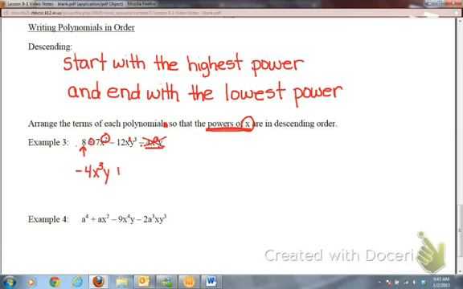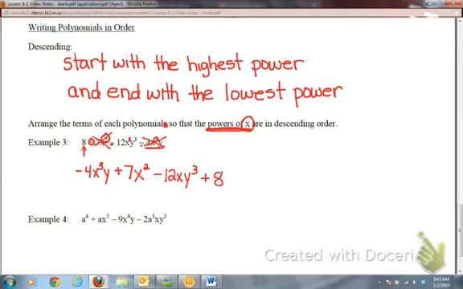So you put plus 7x squared. That one's done. You could cross it out if you want. Then the next highest is the 12xy to the third, but it has a minus sign in front of it. So you put minus 12xy to the third. And the last one is that 8. It was a positive 8, so you put plus 8.